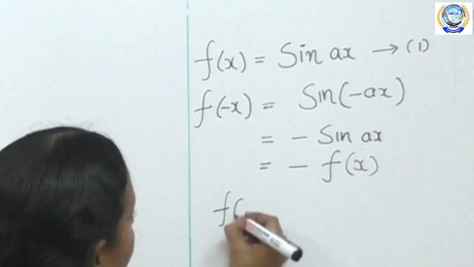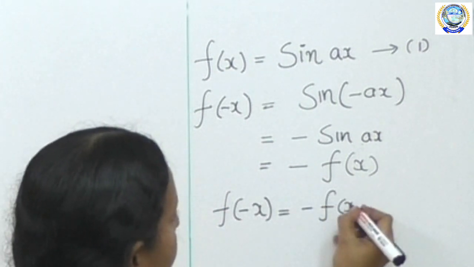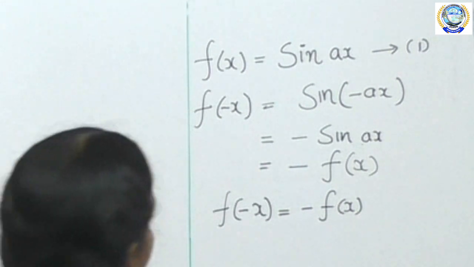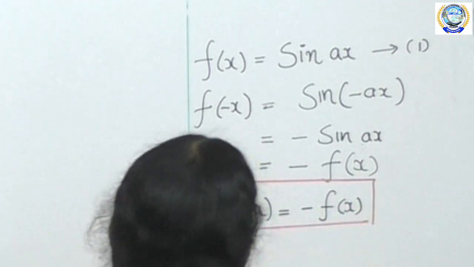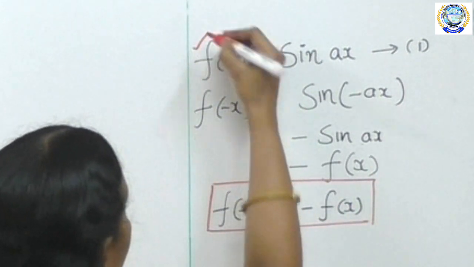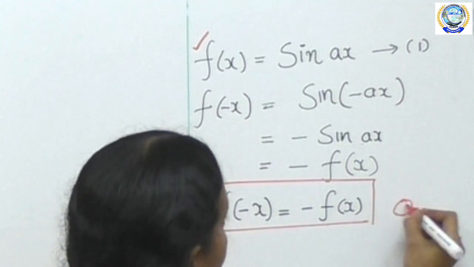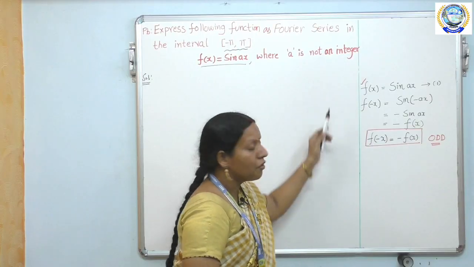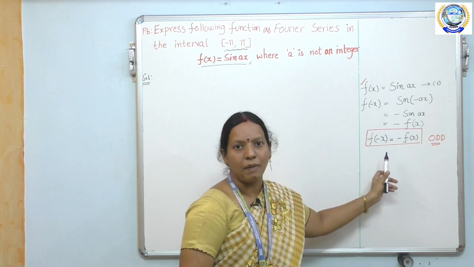So, f of minus x equals minus f of x. This is nothing but the condition for an odd function. So, our function f of x equals sin ax is an odd function. Draw a line like this in your notes. Note down in this manner. Okay.